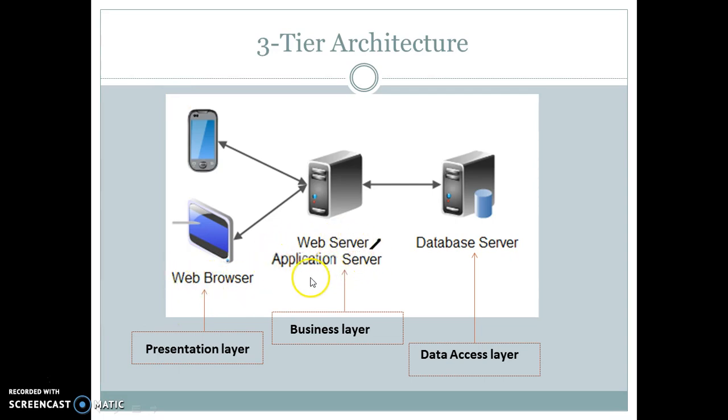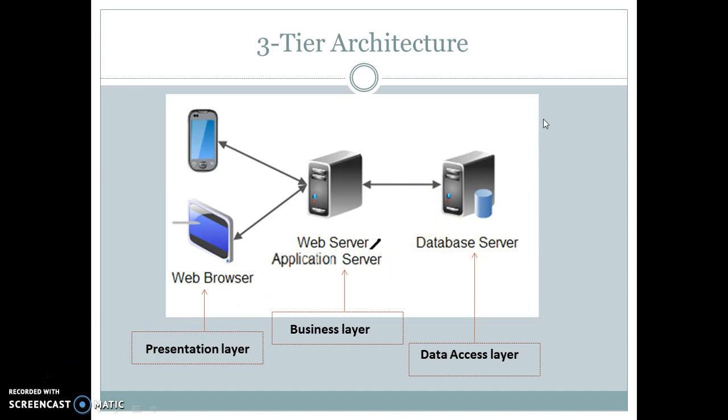The application logic of Gmail, such as sorting the emails, labeling the emails, searching for an email, is stored on the application server or web server, and the emails are stored on the database server.